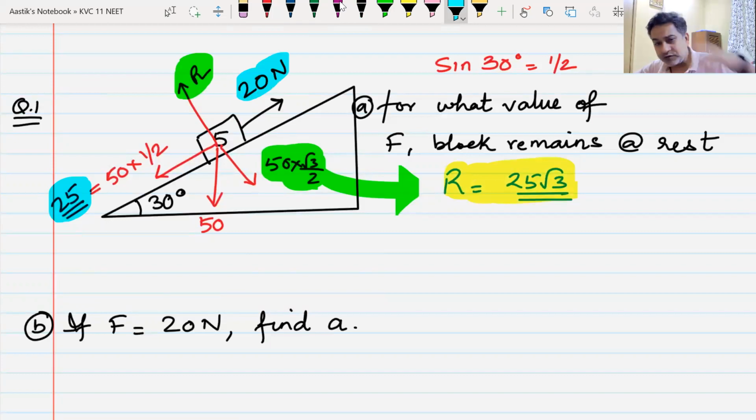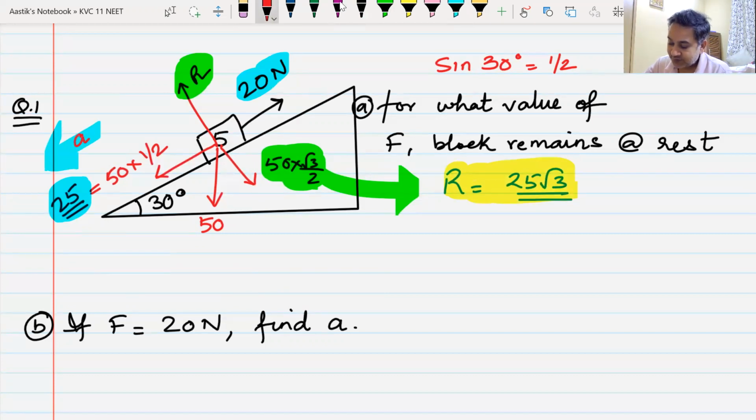Which is more, downward or upward? Where will it move? Downwards, sir. It will move downward.